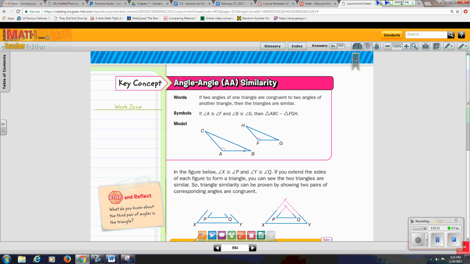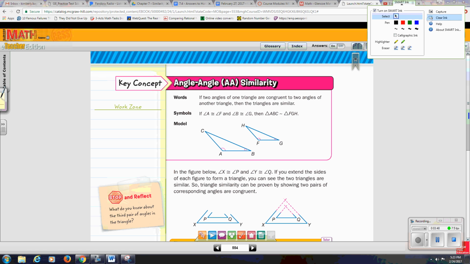If two corresponding angles of a triangle are congruent, then you know that the shapes are similar.